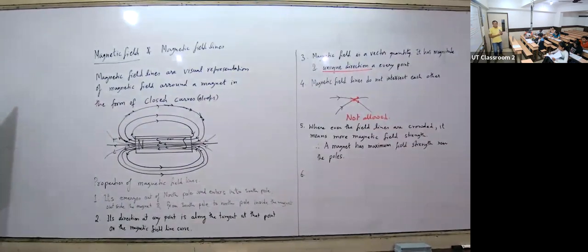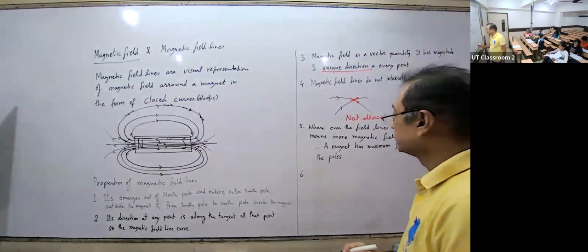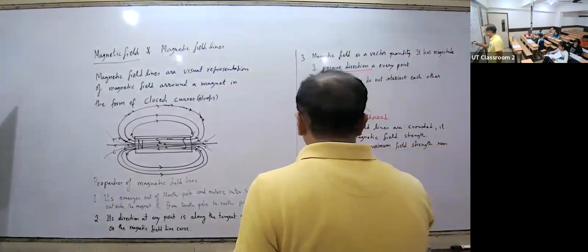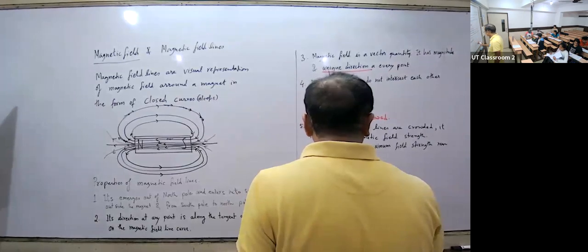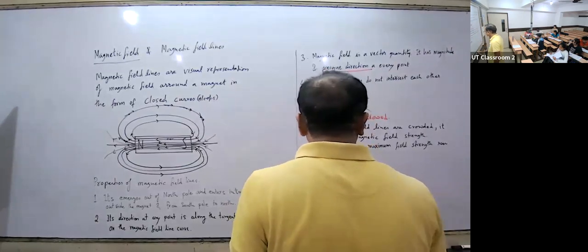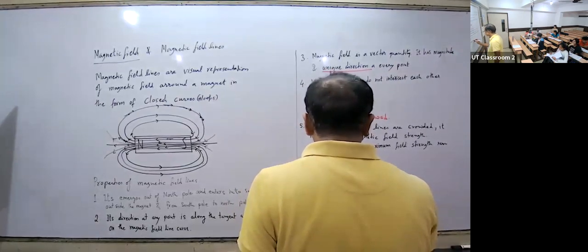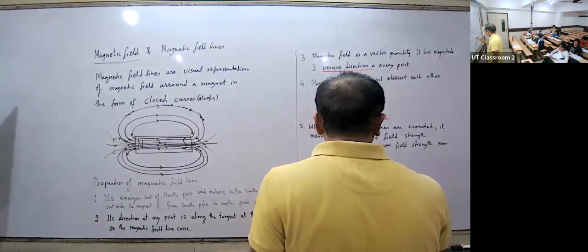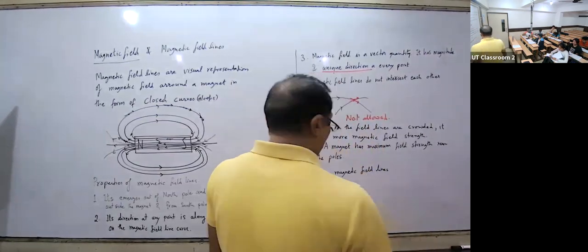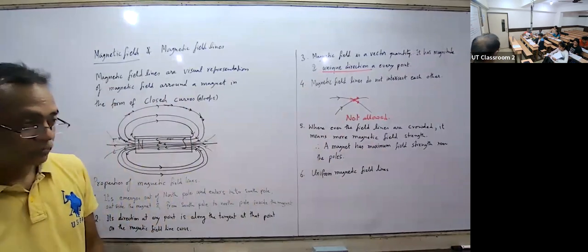Next is uniform and non-uniform field lines. What are uniform field lines?